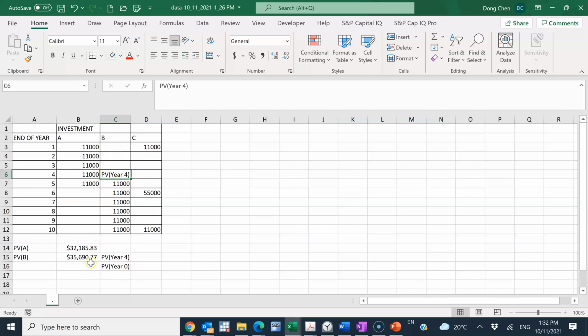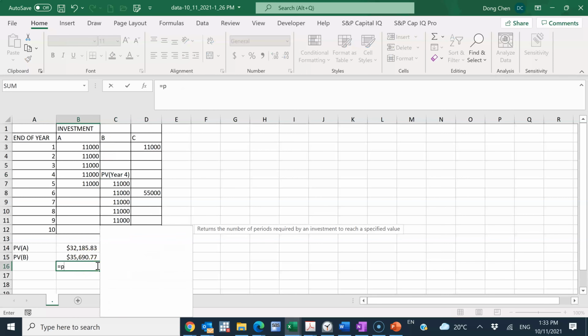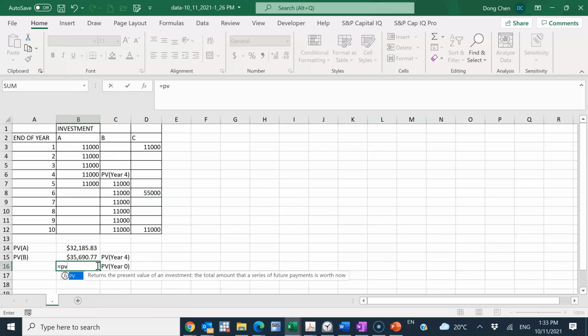So now we just need to discount this number further back by how many years? By 4 years, right? Because this is year 4. So we can use this PV function again and open it.